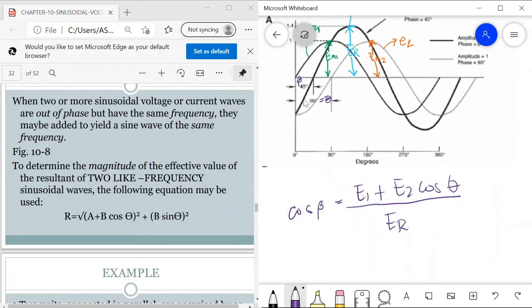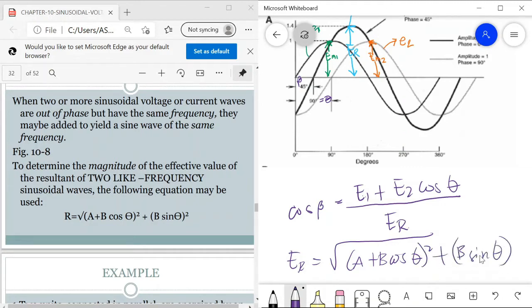This one, equal to E1 plus E2 cosine theta all over E resultant. This E resultant here is this one. So ER is equal to square root of (A plus B cosine theta) squared plus (B sine theta) squared.